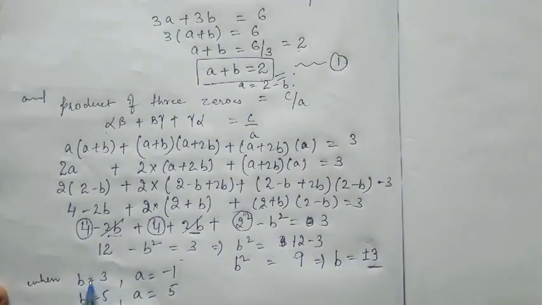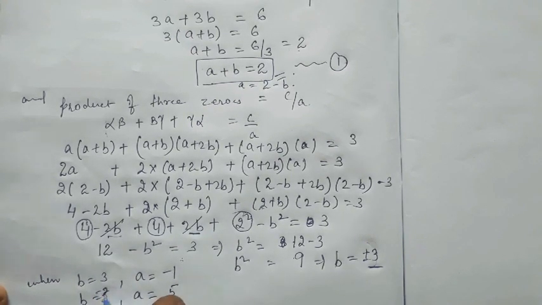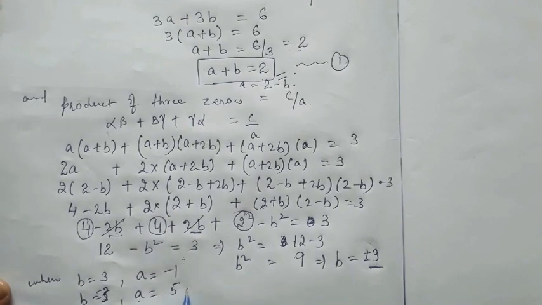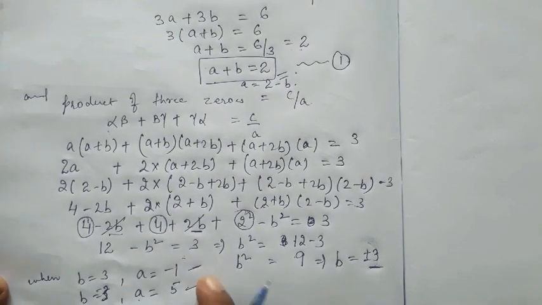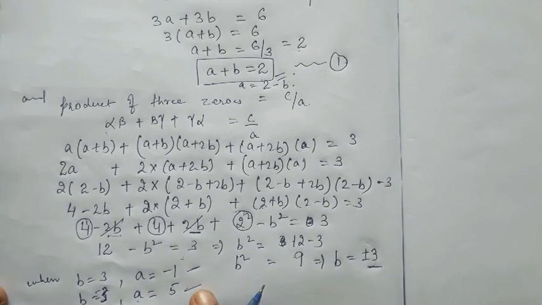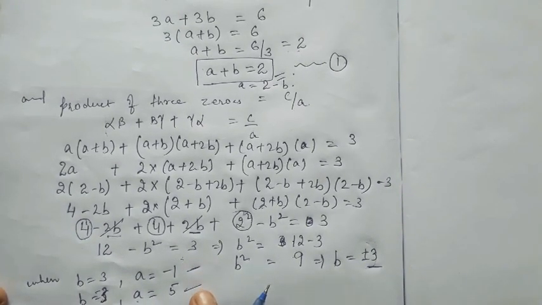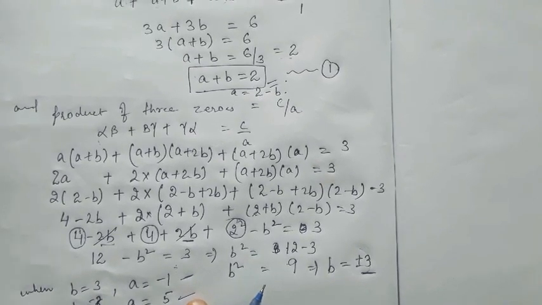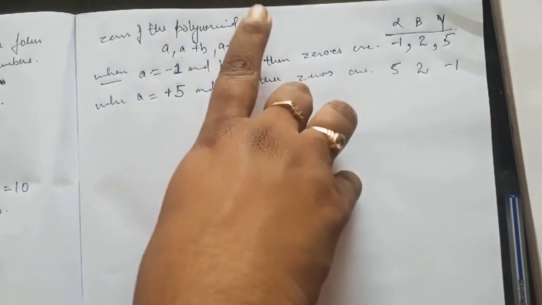Okay, when we take b is equal to 3, we will get a is equal to minus 1, and when we take b is equal to minus 3, then we'll get a is equal to 5. So here we got two pairs of a and b values. One by one we will put each pair in the zeros and get the set of zeros of the polynomial.